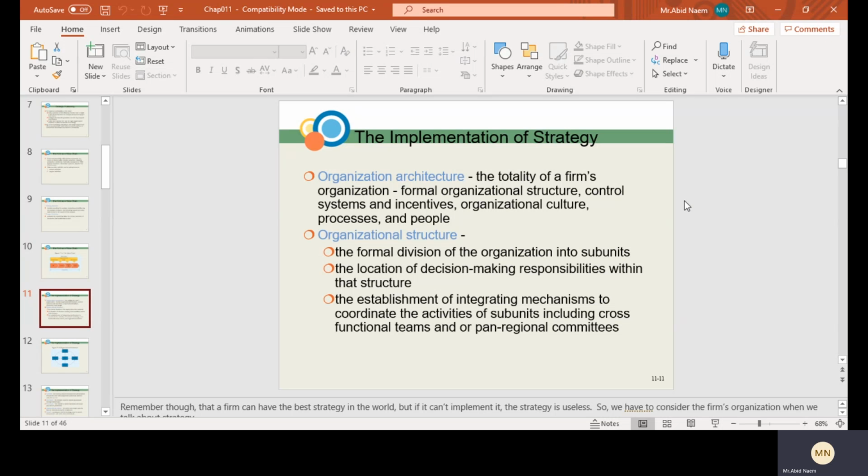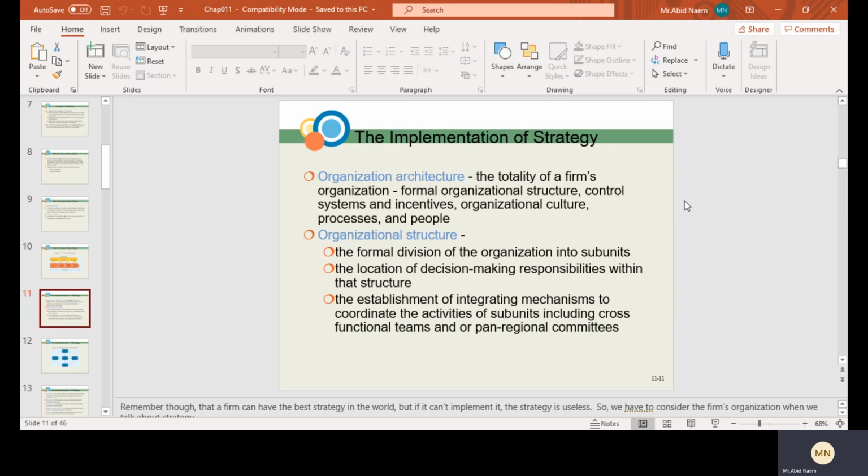Now let's talk about organizational structure, the formal division of the organization into sub-units. These can be strategic business units as well as the departmental structure within the organization. So it will be divided into sub-units, such as a human resource department, information system department, accounts department, inventory management department, quality control department, to name a few.